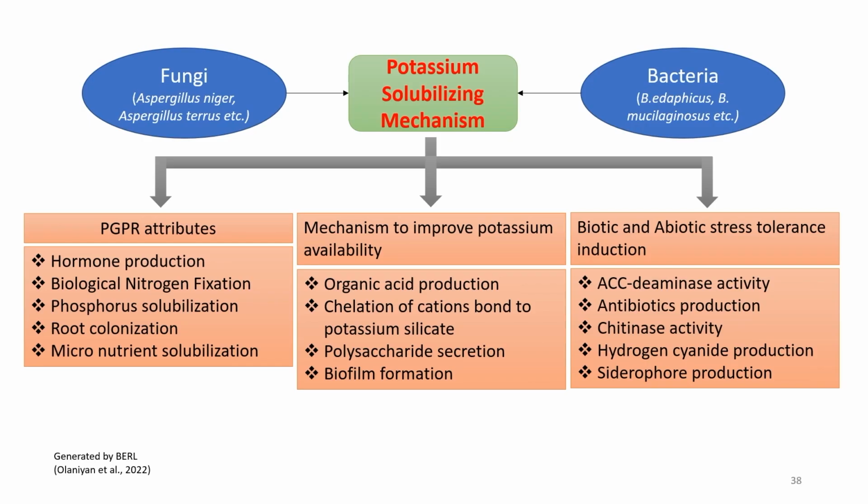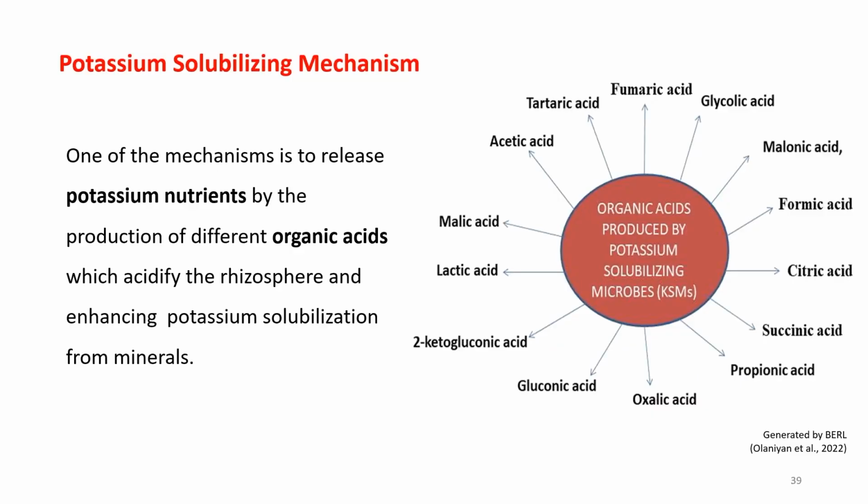Then there is biotic and abiotic stress tolerance induction, where ACC deaminase activity, antibiotics production, and chitinase activity take place, along with hydrogen cyanide production and siderophore production. And there are certain mechanisms to improve potassium availability, like organic acid production, chelation of cations bound to potassium silicate, and then polysaccharide secretion, biofilm formation, etc.